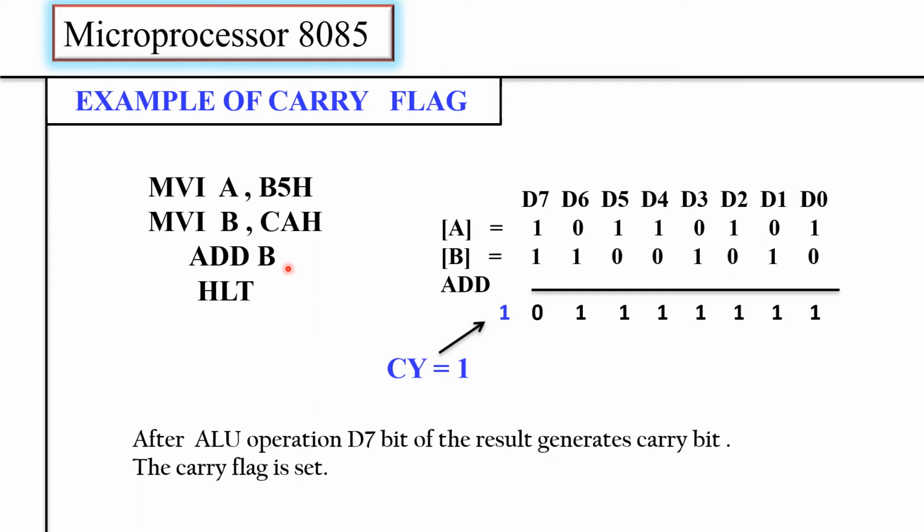Student, here the data is overwritten. First the accumulator has the data B5, right? After addition it will store the result. And HLT, that is to indicate that the program has ended.